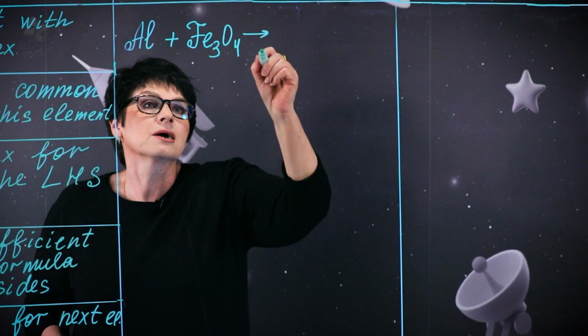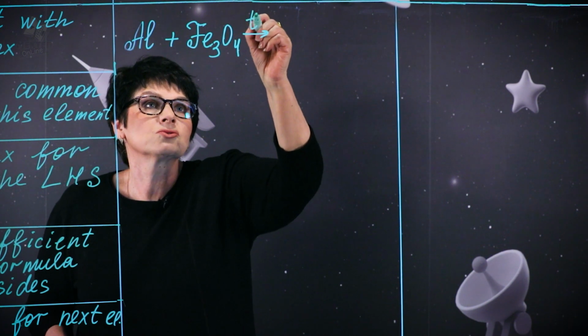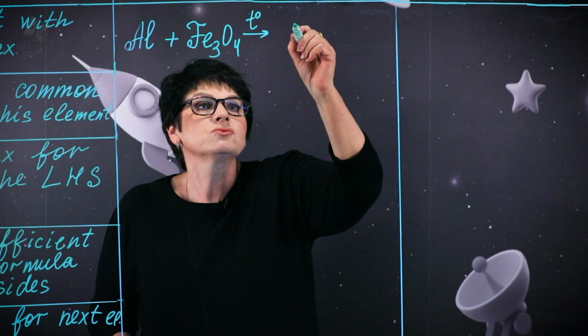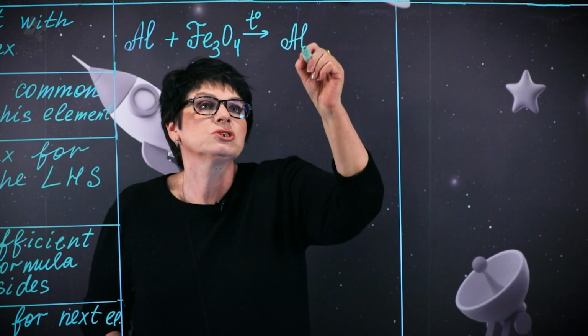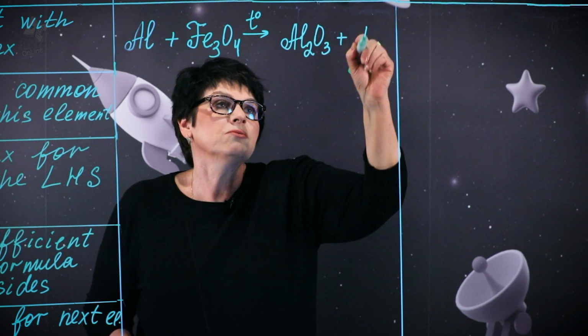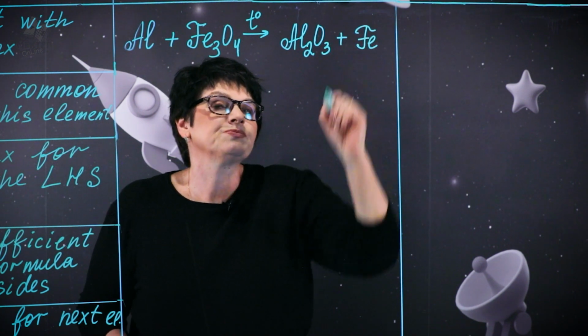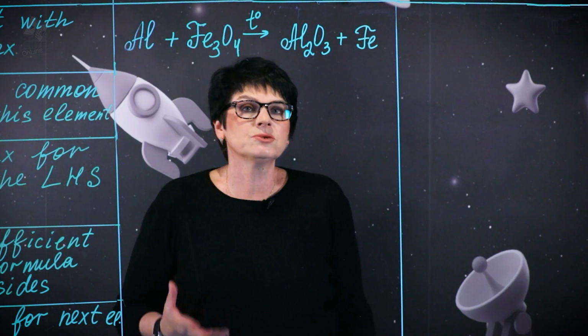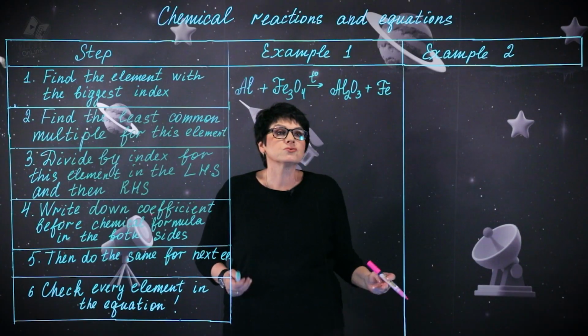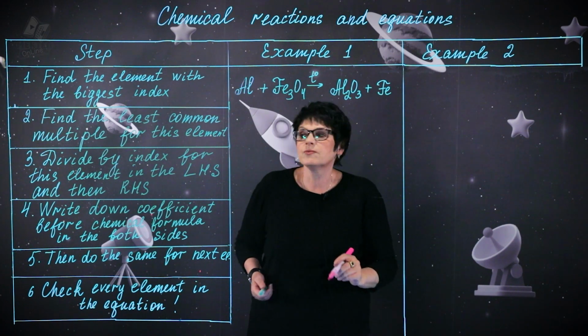At high temperature, since this reaction requires this condition, during the reaction aluminum oxide, Al2O3, is formed and iron is released. There will be a substitution in this reaction. Let's see how we are going to work in this case and where we will start from.